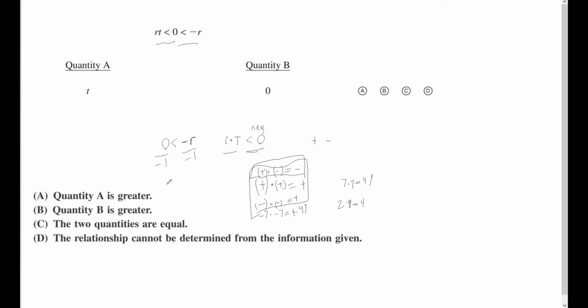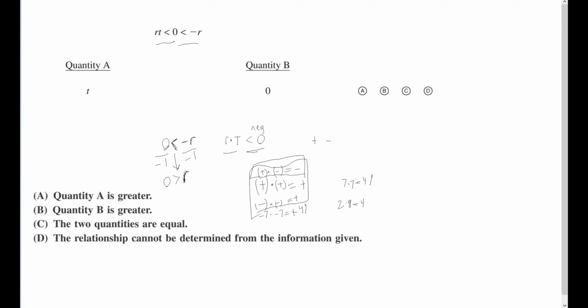What you end up getting is that 0 is greater than r. Just to make sure this makes sense, when you multiply or divide by a negative number, you always have to switch the inequality. So when you divide by negative 1 here, you have 0 is less than negative r, you switch the inequality, and it becomes 0 is greater than r.